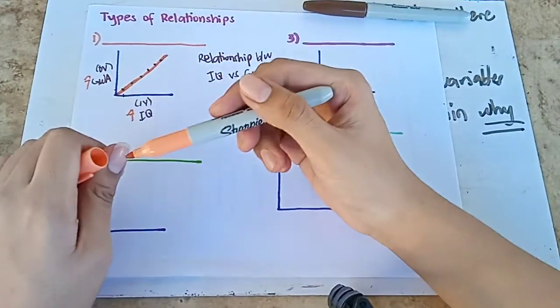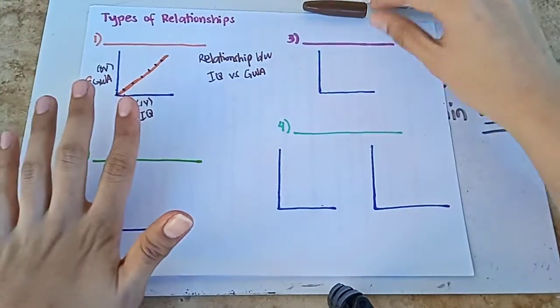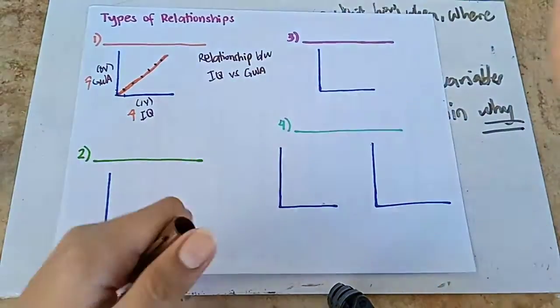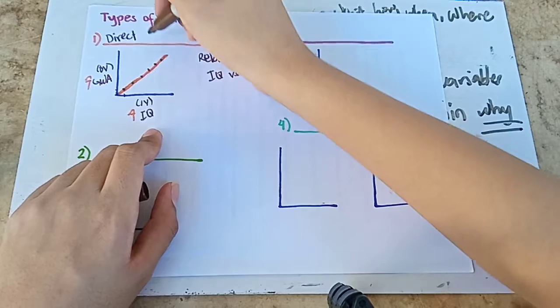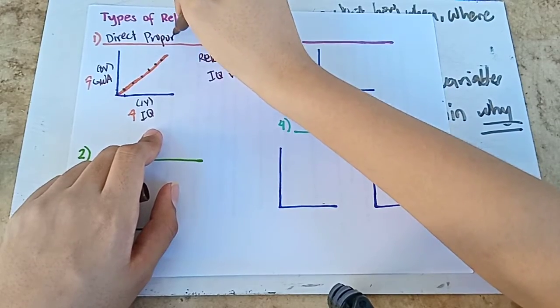This type of relationship is known as direct proportional relationship.